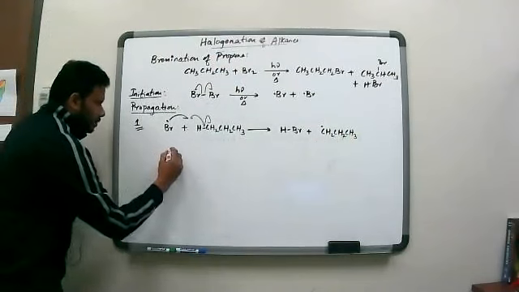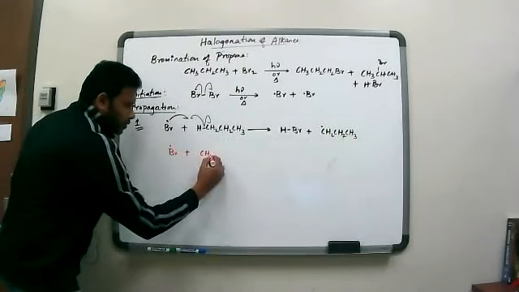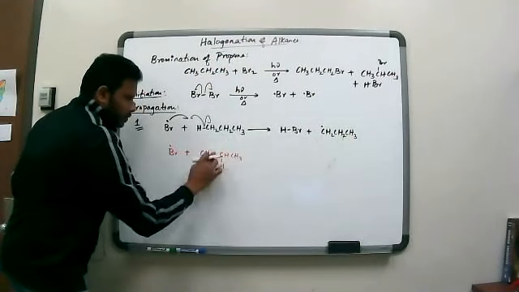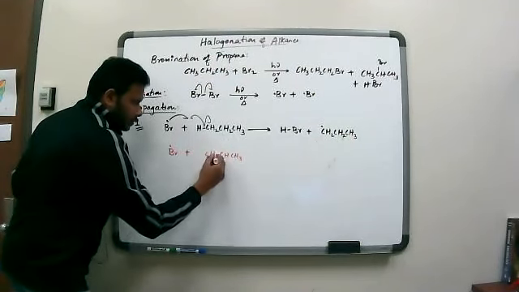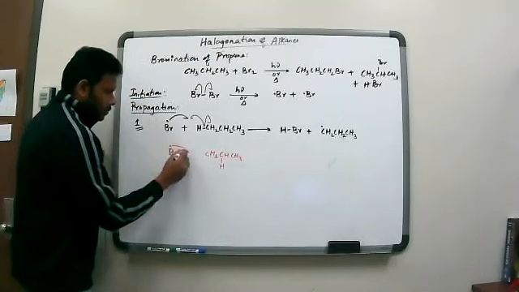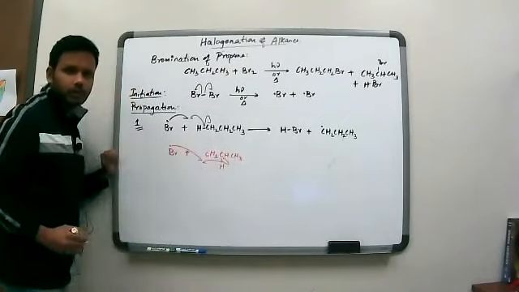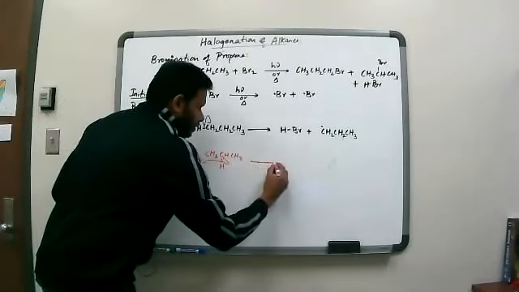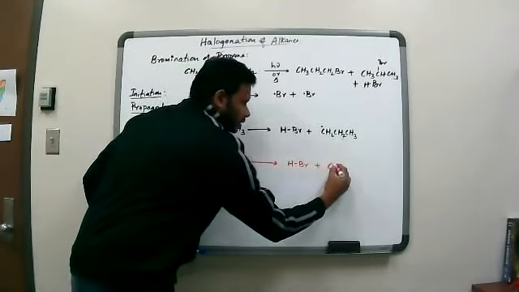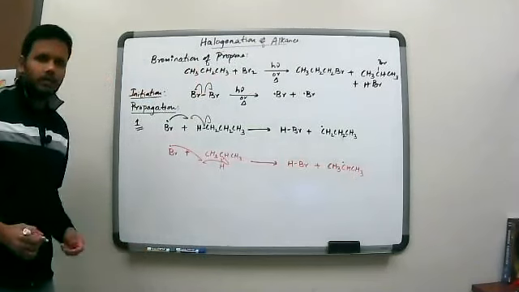Let's go ahead and write the other possibility, which is bromine reacting with a secondary hydrogen. Secondary carbon-hydrogen bond. Bromine brings its electron. The hydrogen brings its electron. The other electron goes to the carbon atom. It's going to give us HBr plus the secondary carbon radical.